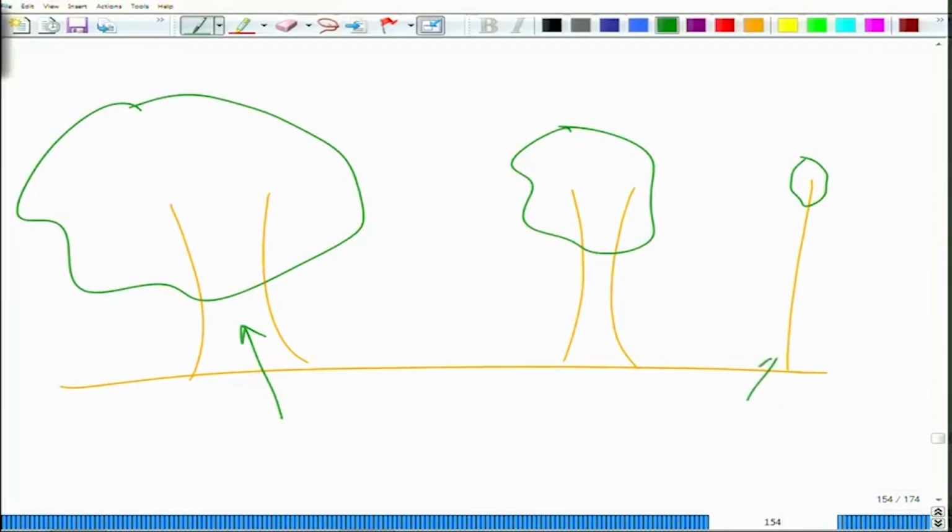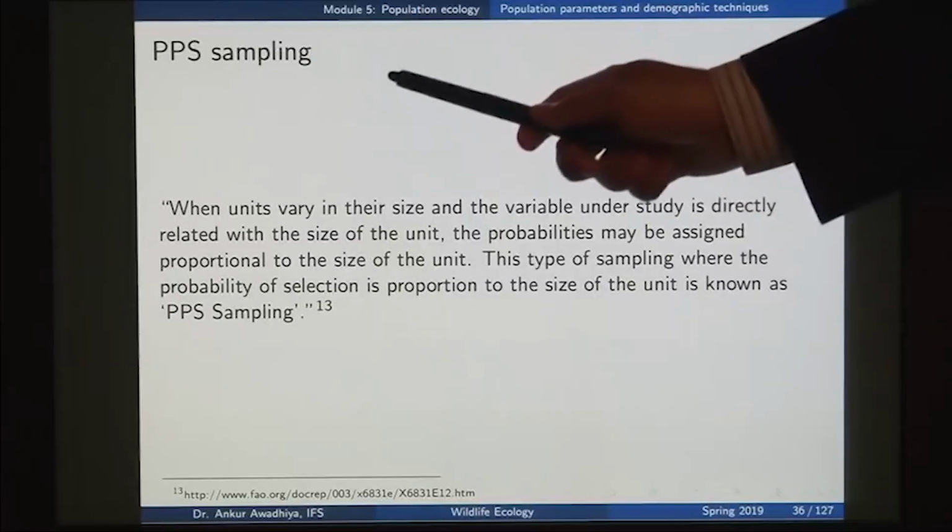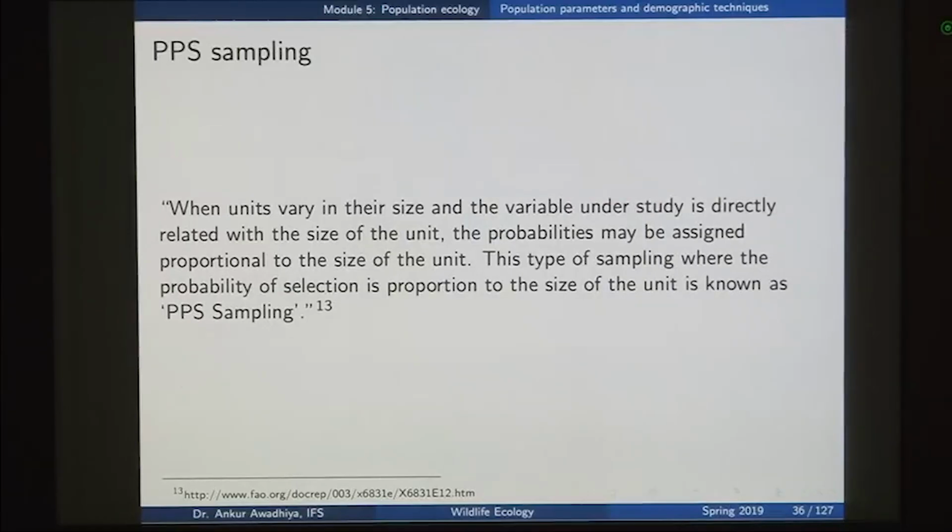But if you missed out this small tree, then your estimate of the actual population parameter would not be very off. So in this case we need to ensure that the larger the tree, the more should be its probability of getting incorporated as part of the sample. When you go for such a method, it is known as probability proportional to size. So the probability that your unit becomes a part of the sample is proportional to the size of that unit. So that is PPS sampling.